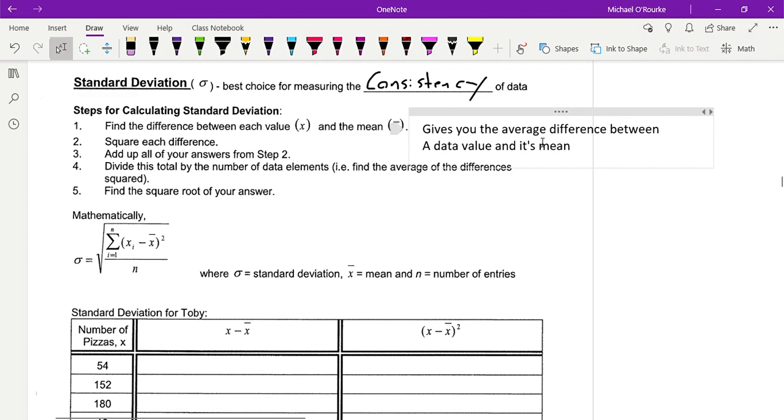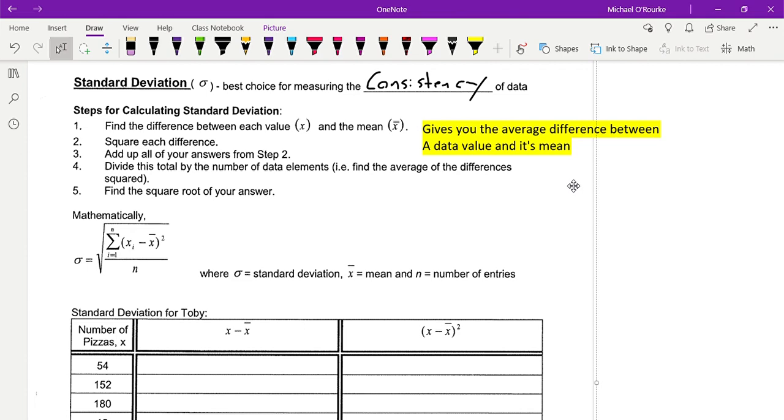So it gives you the average difference between the data value and its mean. You can write that on the side if you want. So it's essentially telling you how far you're off your average.